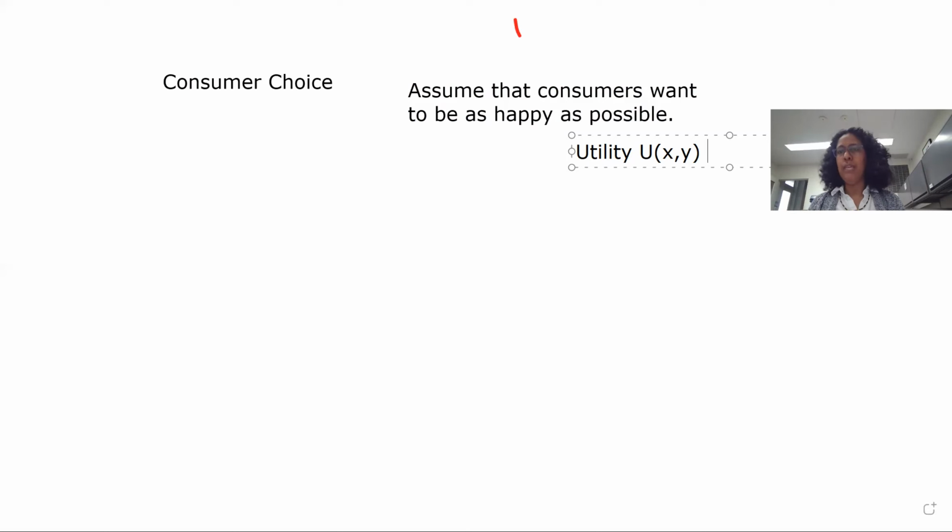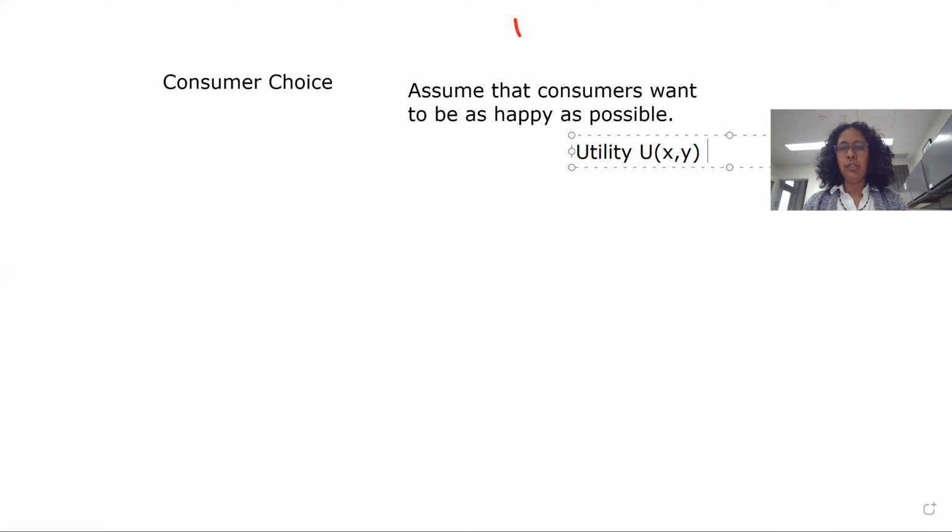Bigger numbers means that this particular combination makes me happier. There are going to be different combinations of X and Y that are what we call equivalent in terms of utility. And so I'm going to be indifferent between the two quantities because they make me equally happy.